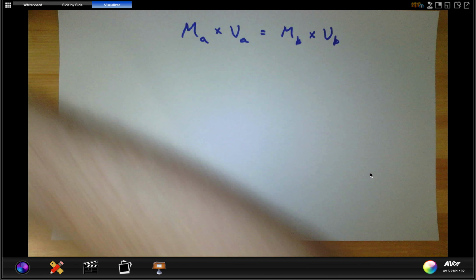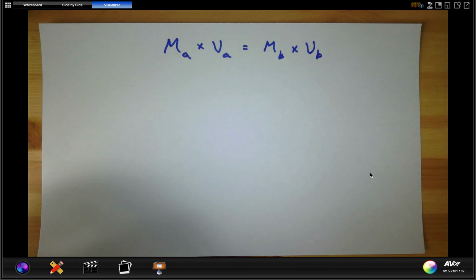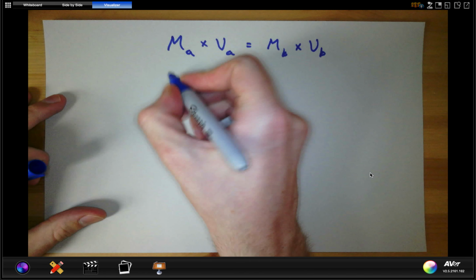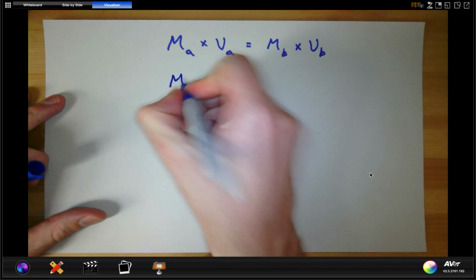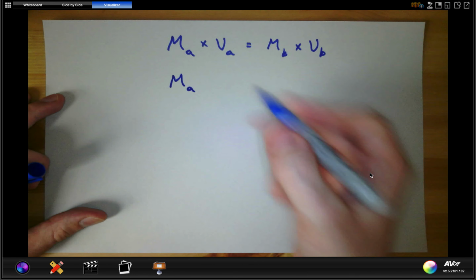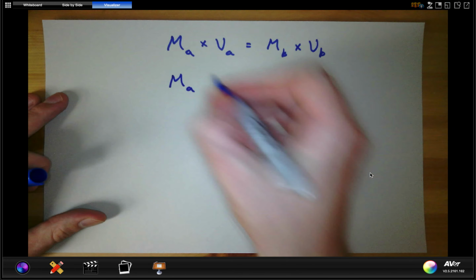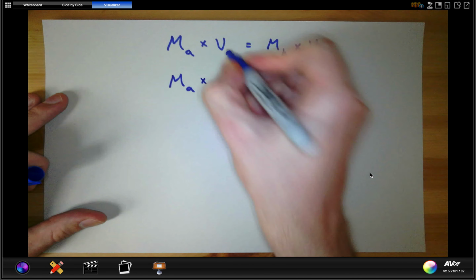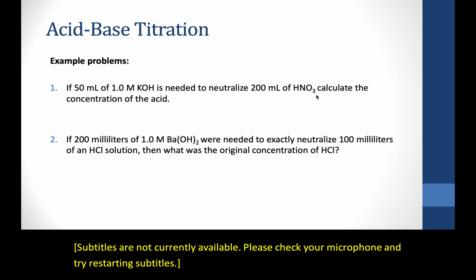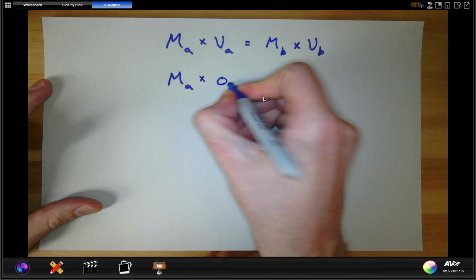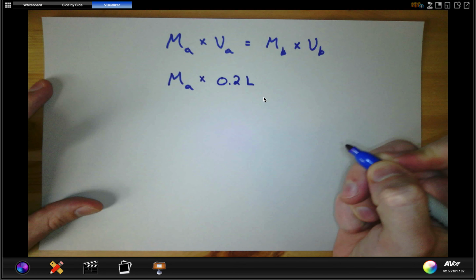Okay, so there's my equation. Now it said, calculate the concentration of the acid. That's here. So this is what we don't know. So I'm just going to bring that down as a symbol because we don't know it. Molarity of the acid. Remember that the capital M stands for molarity. It's the concentration. So it's going to be that times the volume of the acid, which was, remember, acid has the H in front, so that's 200 milliliters, which is really 0.2 liters.